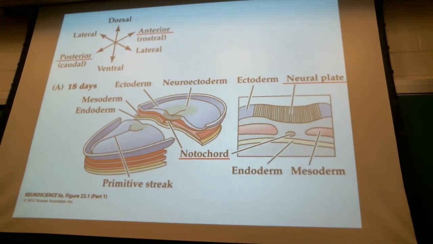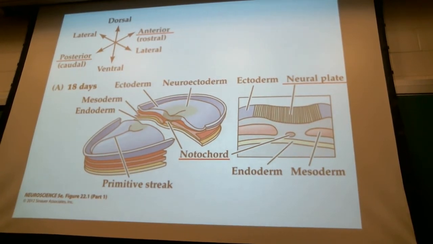And also, of course, from middle to the side is medial lateral. And the side that's like back side is dorsal, and then ventral is the belly side. So those terms are very often used in neuroscience, so please get familiar with those.